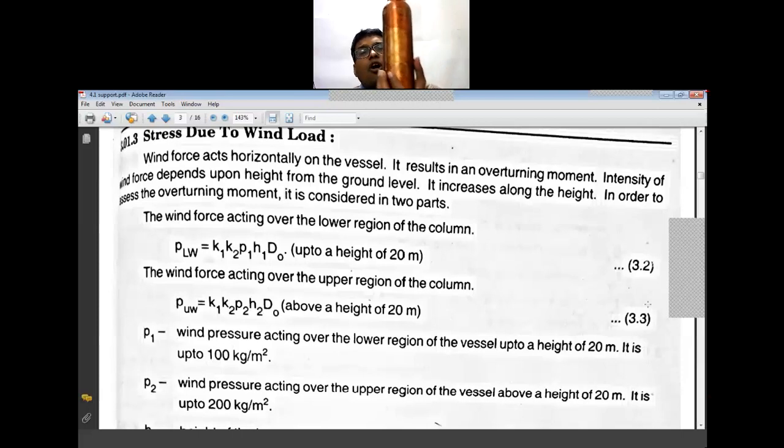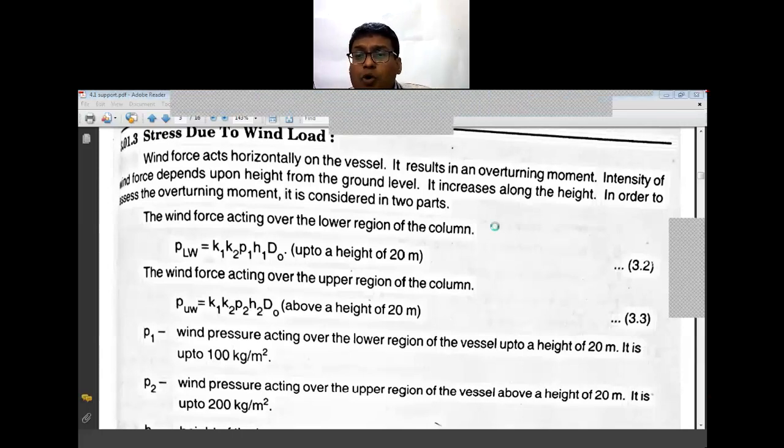Assuming the column height is more than 20 meters, below 20 meters there is one wind load acting over the lower region, and there is the wind load acting over the upper region. The wind load acting over the upper region, that means height above 20 meters, is to be taken into account.